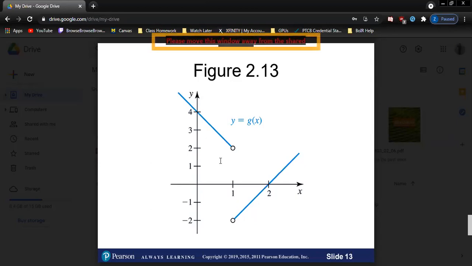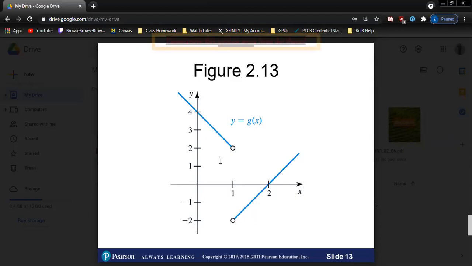Now, if I say find the right-sided limit when x approaches 1, can you calculate it for me by just eyeballing the graph? X approaches 1, then what is the right-sided limit?